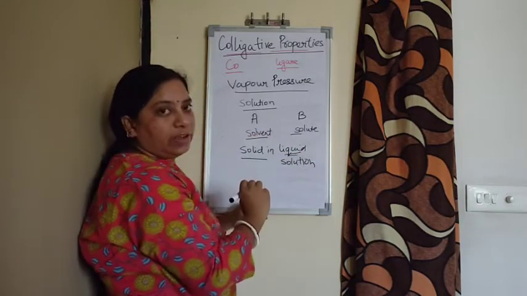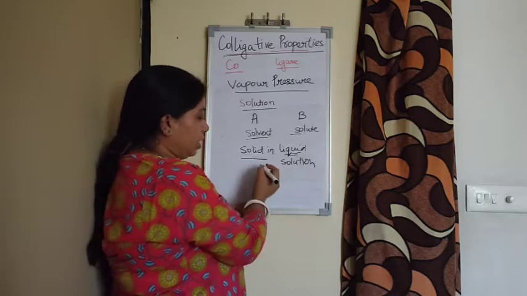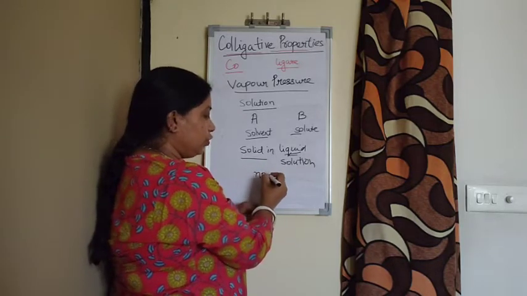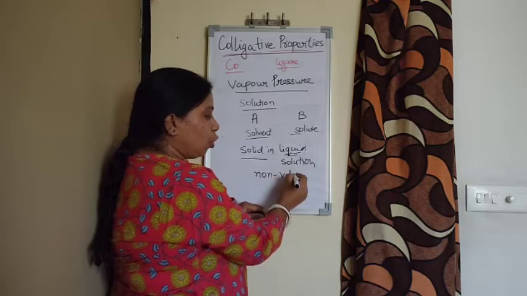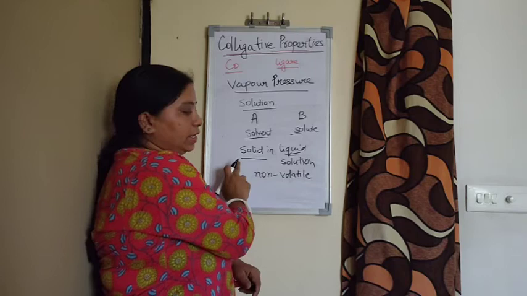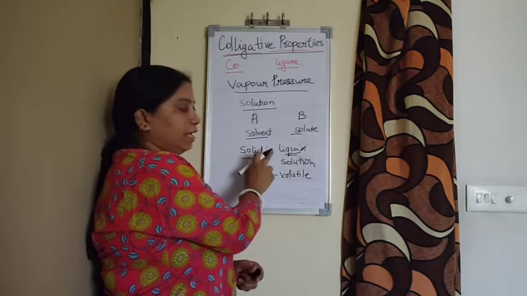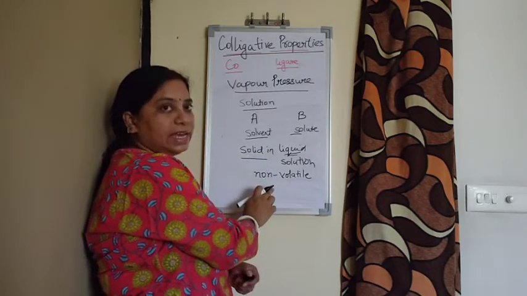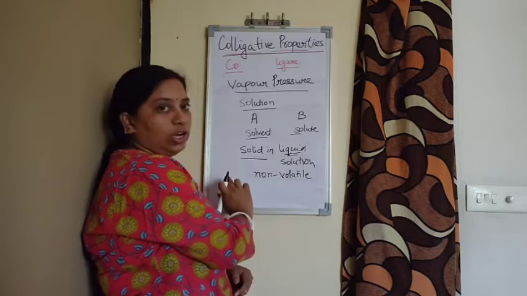For example, if we take water as the solvent, the solute which we add should be non-volatile. So we have to keep in mind these two conditions. First, we are taking a solid in liquid solution, and second, the solute is non-volatile.